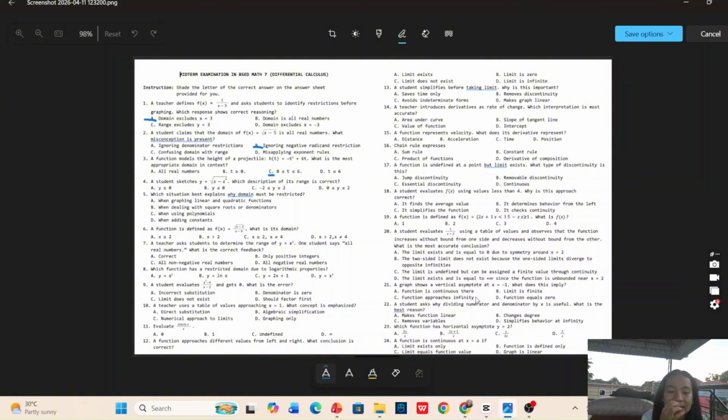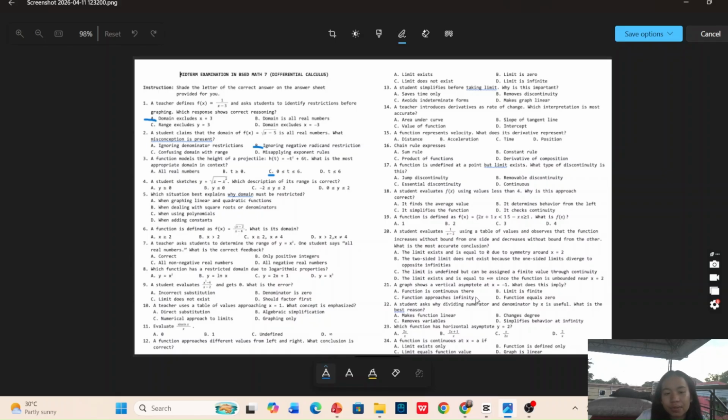So in this case, since it is both a square root and a denominator, let us extract both the numerator and denominator in order for us to consider the domain. So first, let us have the numerator. Let us extract x minus 2, and set that, that would be x minus 2 is greater than or equal to 0.